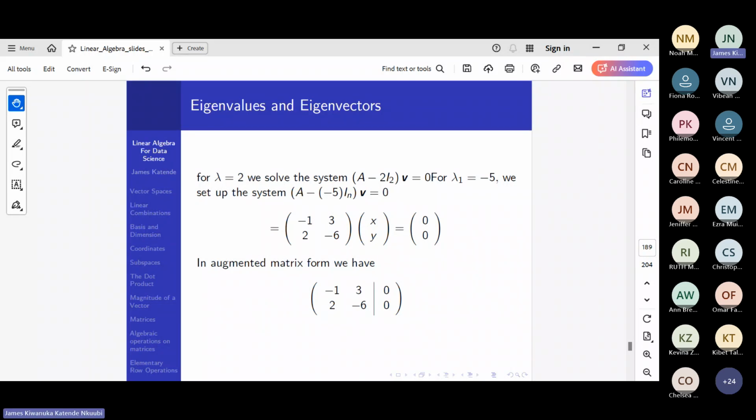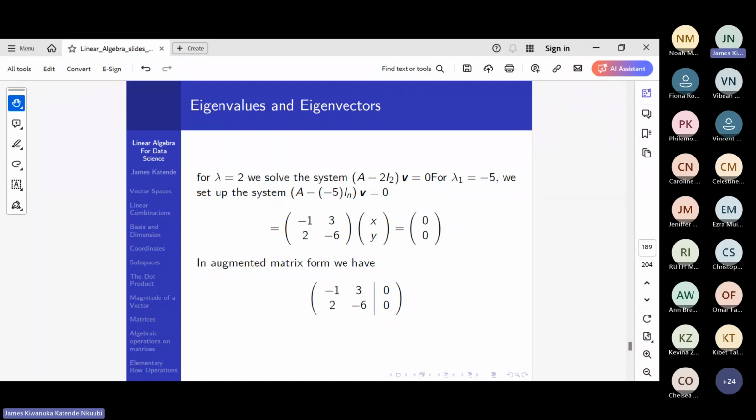Again, we create this coefficient matrix. Then we have to solve this system. Remember, it's a system where the right-hand side is all zeros, which is called a homogeneous system.